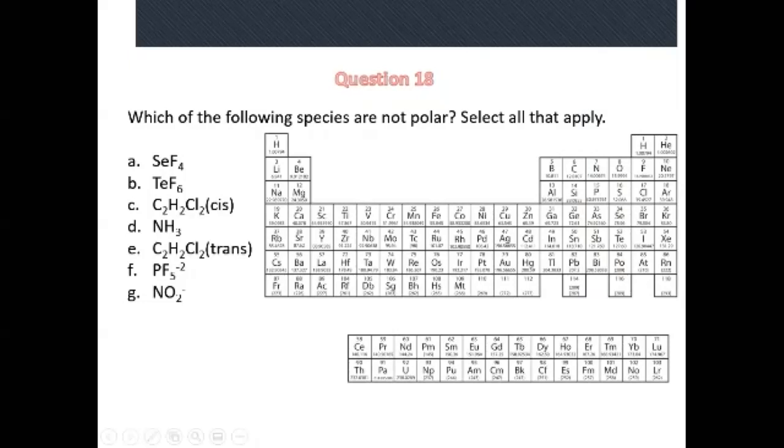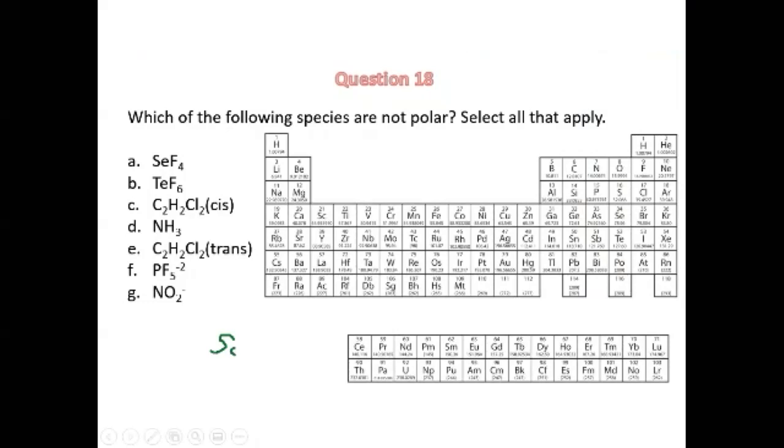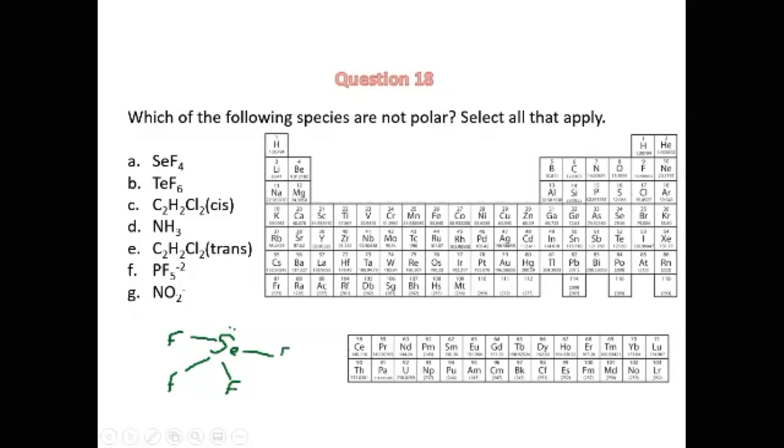So for example, if we take selenium tetrafluoride, I'm just going to draw the Lewis structure so that we can see whether it's polar or nonpolar. I didn't put the electrons around the fluorine just for time's sake. So this is the Lewis structure of selenium tetrafluoride.